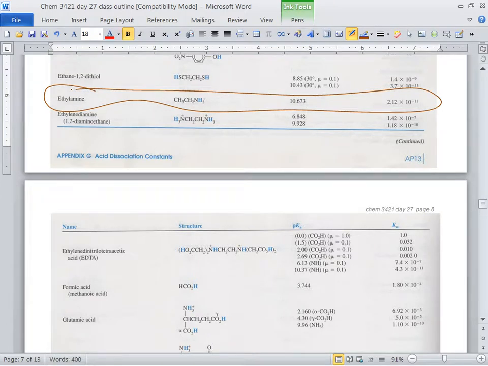Okay. So by using this table, we should know whether ethylamine, you pull off the shelf, right? Ethylamine is a neutral compound, and we're pulling it off the shelf. It will react with NaOH or HCl. Which one would ethylamine react with?